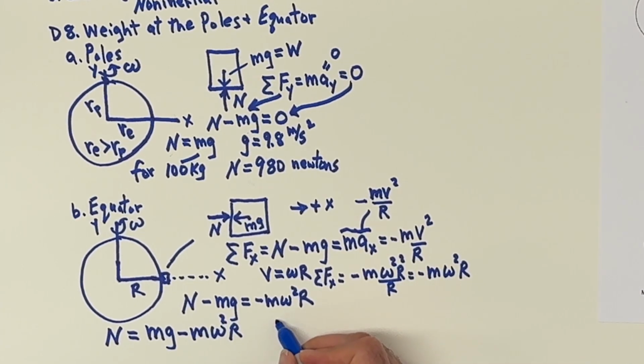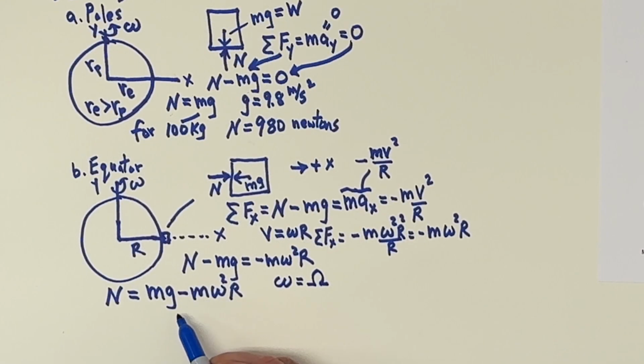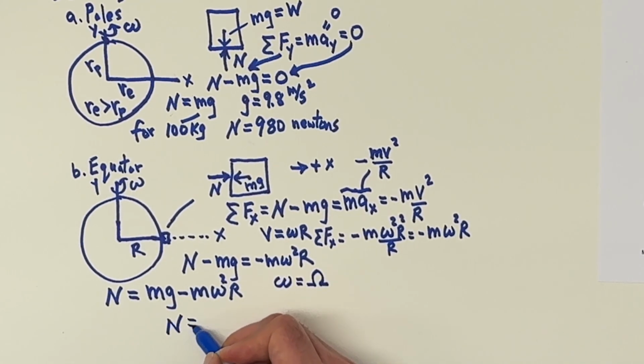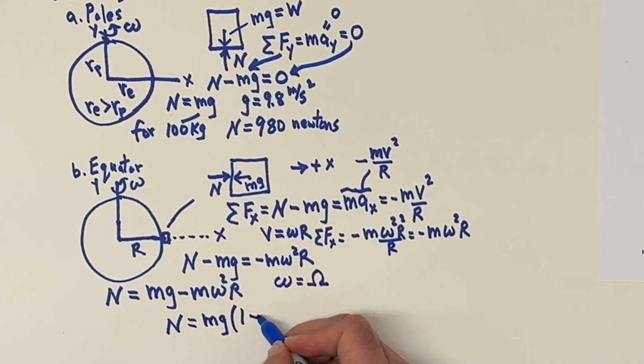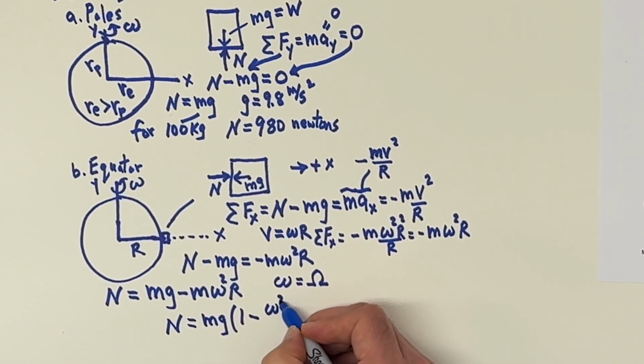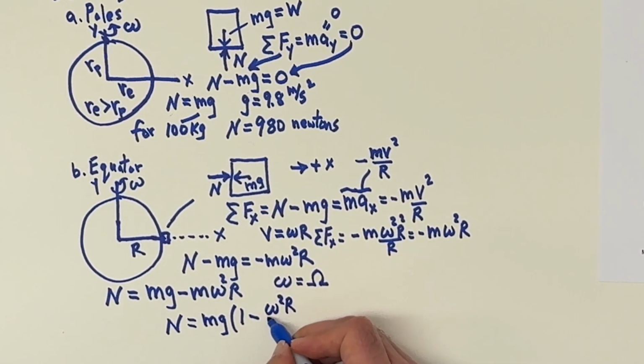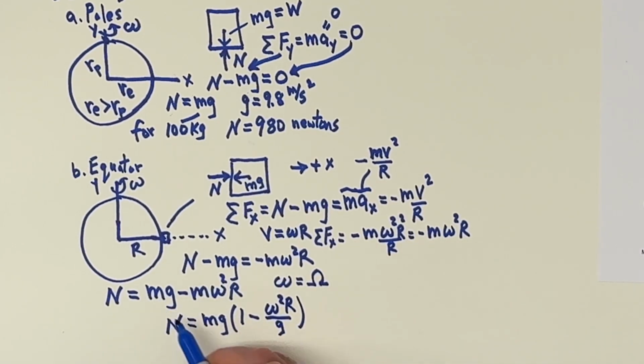Now, often for the omega for the Earth, you see a capital omega like this, the angular velocity. But what I would like to do now is write this scale force as mg, and then factor out the mg to have a 1, and then minus omega squared r, and then you would have to put the g down here so that when you multiply mg in, you get your mg, the minus sign, and then the g's cancel.